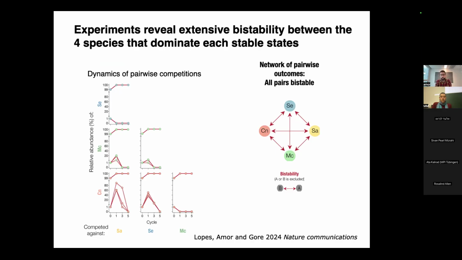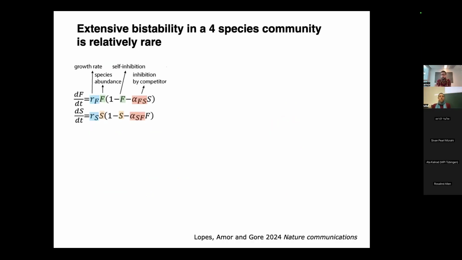So this was quite surprising because just from an intuitive perspective or coming back to even the modeling, we know that there are three different outcomes that can happen through the competition.